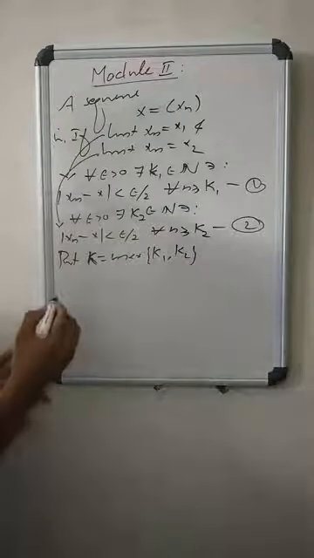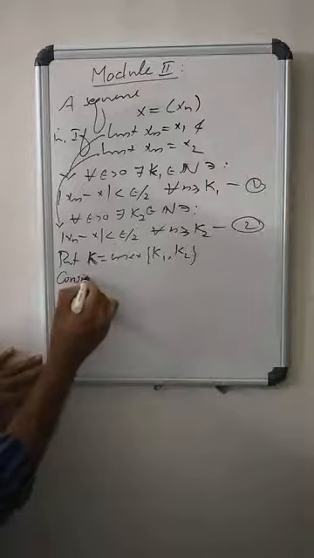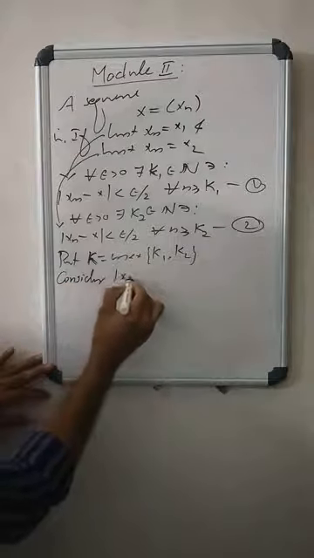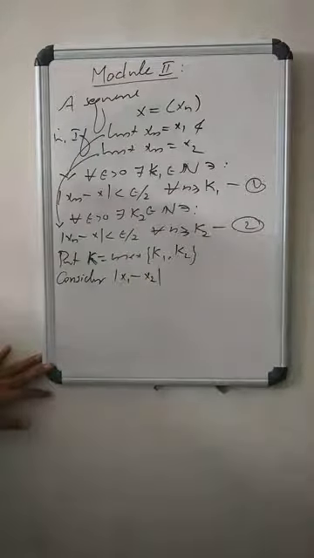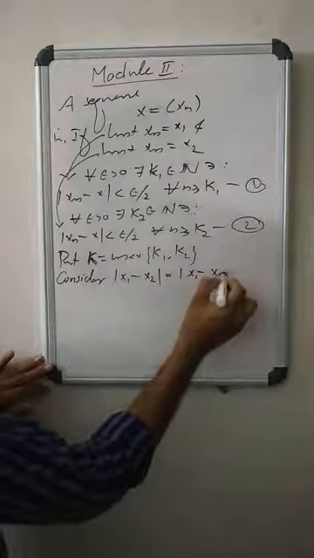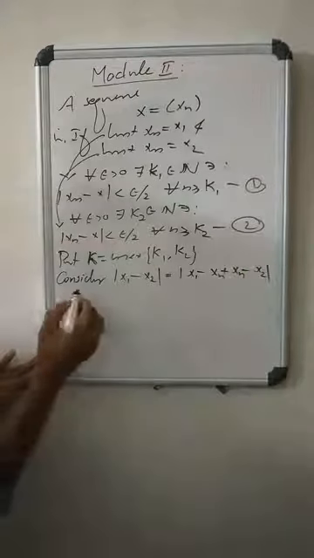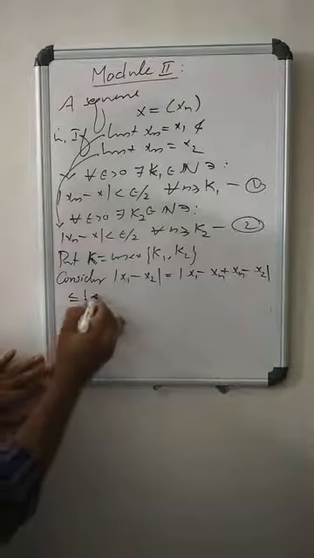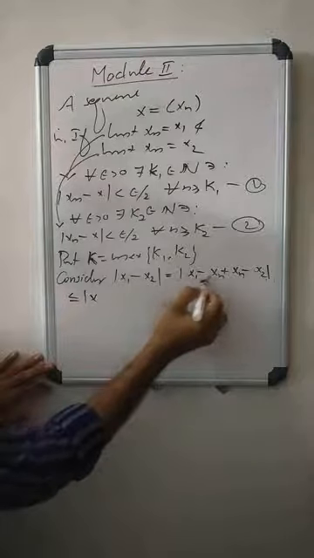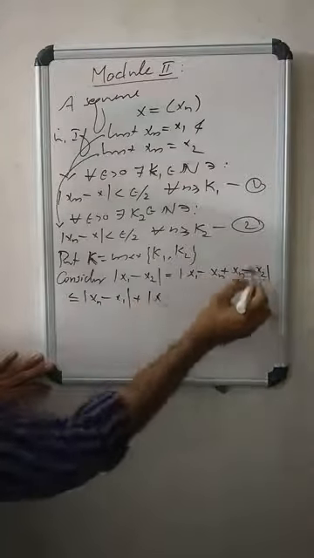Now consider modulus of x1 minus x2. Mod x1 minus x2 can be rewritten as modulus of x1 minus xn plus xn minus x2. So it is less than or equal to, by the triangle inequality, modulus of x1 minus xn, that is xn minus x1, plus modulus of xn minus x2.